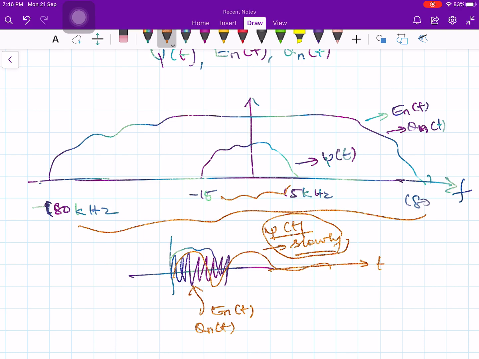We cannot calculate the output SNR the way we calculated for amplitude modulated systems. Why?